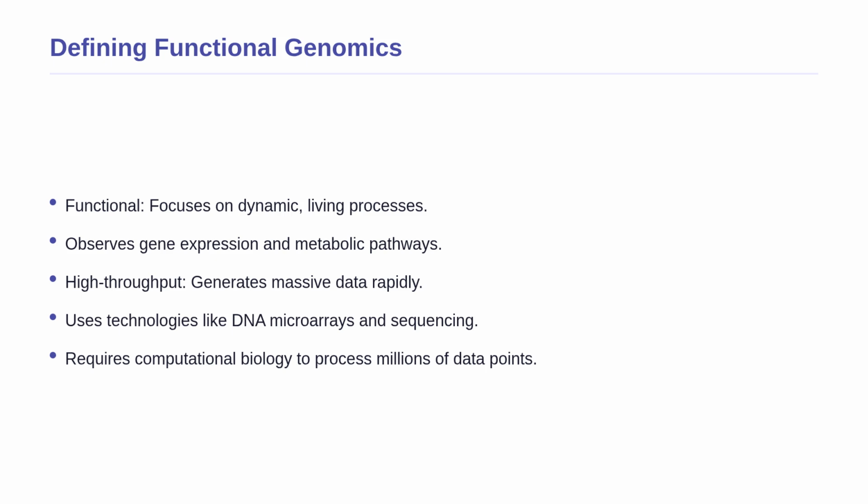These tools can generate massive amounts of data in a single rapid experiment. Because these experiments produce millions of data points simultaneously, computational biology is absolutely required to process, normalize, and interpret the results. We are bridging the gap between a static sequence and complex biological behavior.